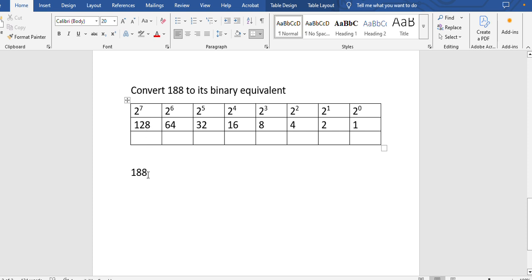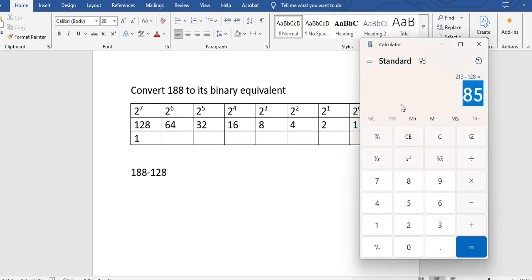So the first thing is for you to ask, is 188 greater than 128? It is greater than 128. Yes, exactly.